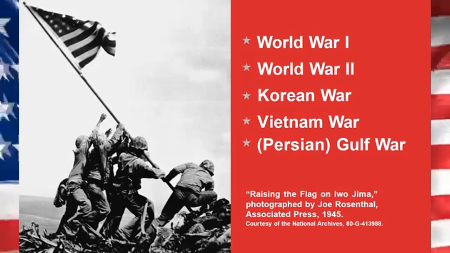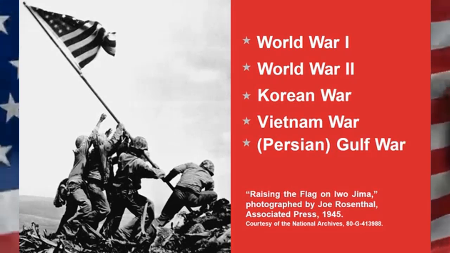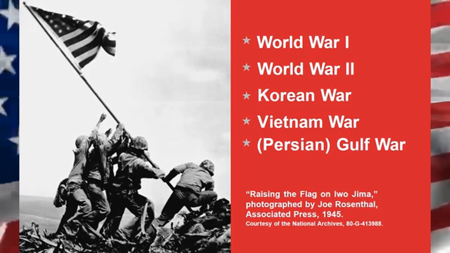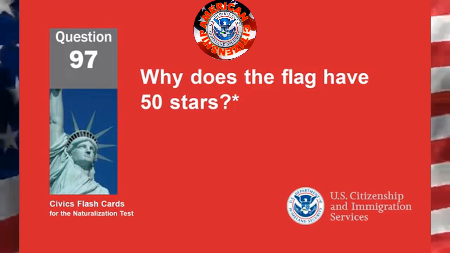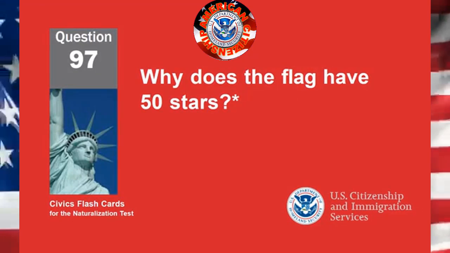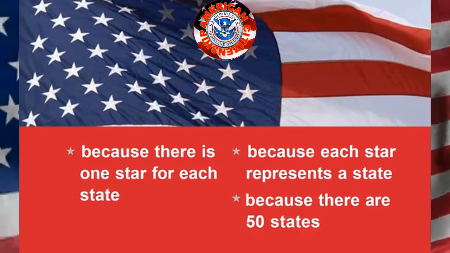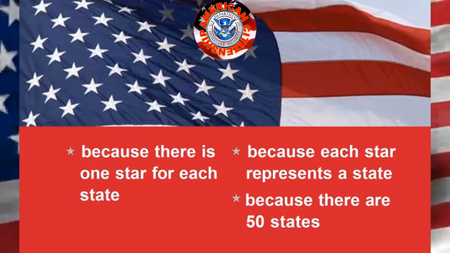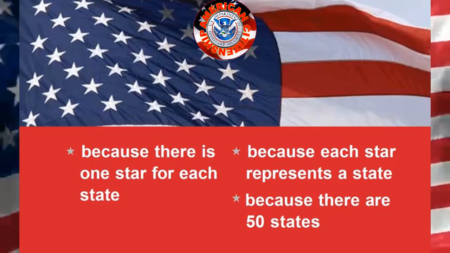World War I, World War II, Korean War, Vietnam War, Persian Gulf War. Why does the flag have 50 stars? Because there is one star for each state, because each star represents a state, because there are 50 states.